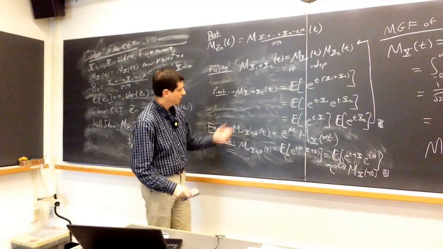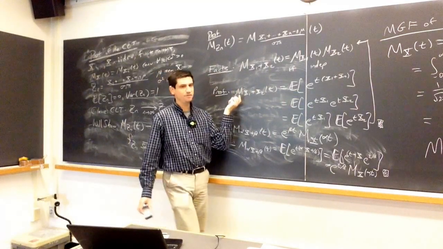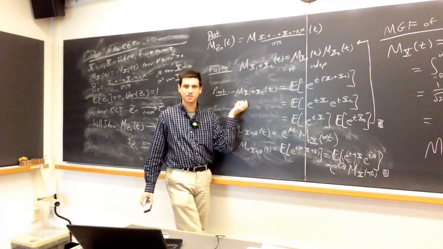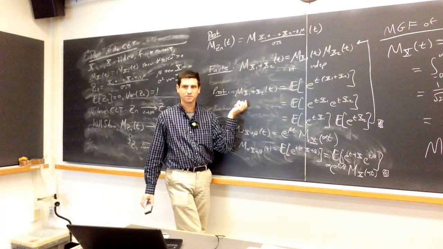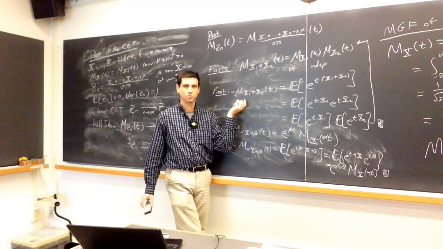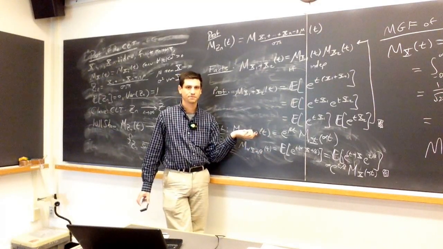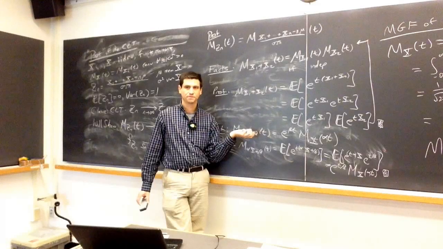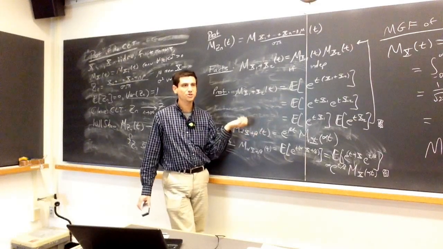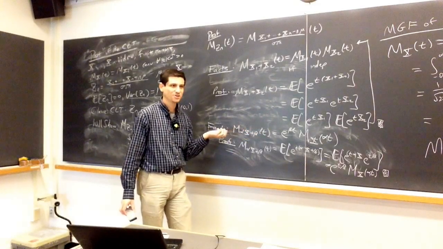Okay. If instead of using the moment generating function, we use the characteristic function, would these results still hold? What's the relation between the moment generating function and the characteristic function?